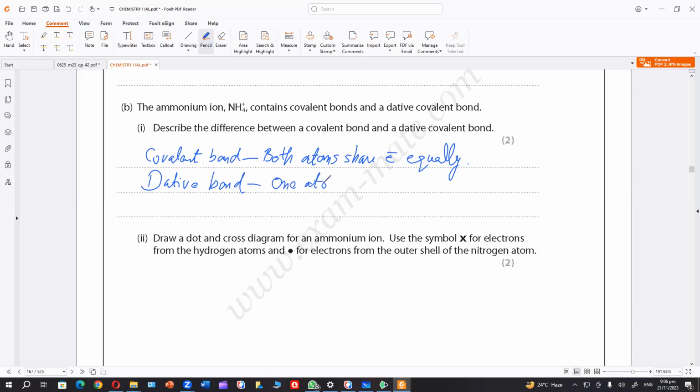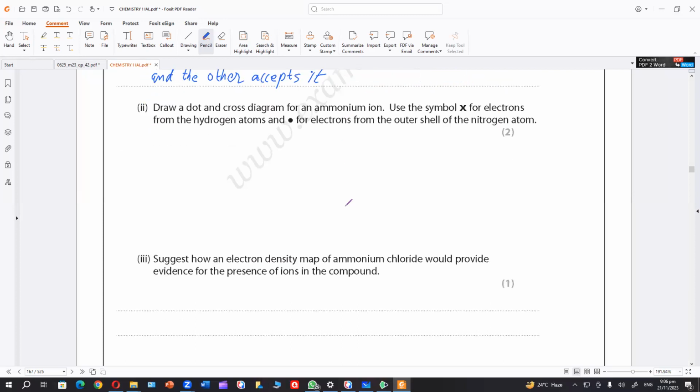One atom shares the pair, it can be an atom or an ion actually. Next: draw a dot and cross diagram for an ammonium ion.